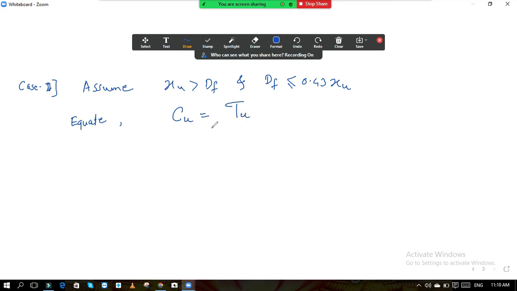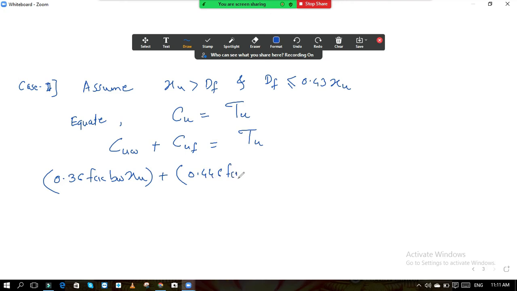Now this is case number 2. Remember this: your total compressive force must be the compressive force in web plus the compressive force in flange, which is equal to total tensile force. If I write the formula, it will be 0.36 fck bw into xu for Cuw, plus Cuf, 0.446 fck (bf minus bw) into df.